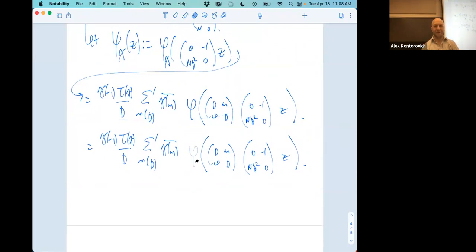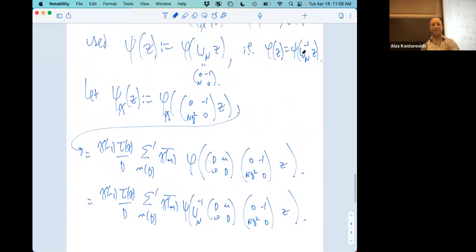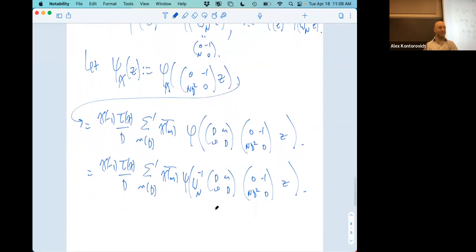Instead of phi, I'm just going to put psi of Wn inverse. Oh boy. And I'm going to do one other thing, which is I'm going to stick in something here. But what the something is going to be is a little complicated.